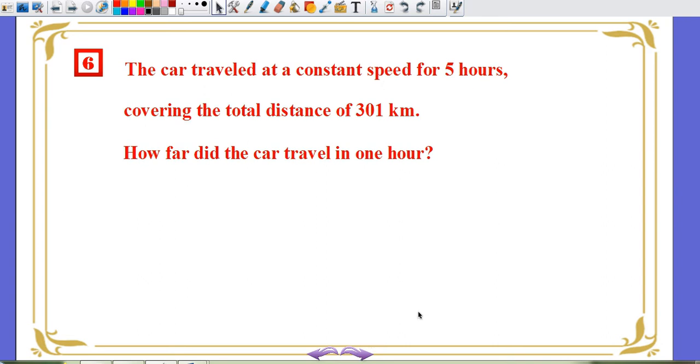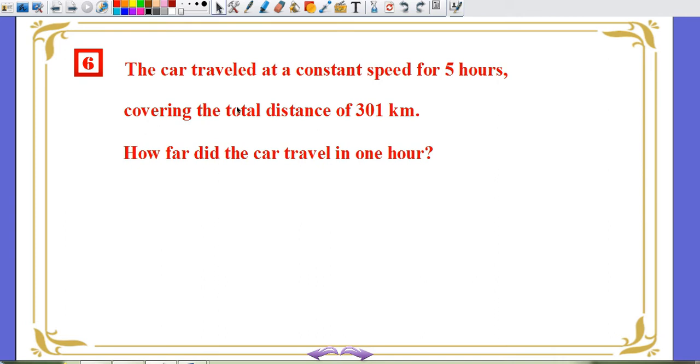The car travels at a constant speed for 5 hours, covering a total distance of 301 km. How far did the car travel in 1 hour? The distance traveled in one hour equals the speed. The formula for velocity is the distance divided by the time taken for that distance.